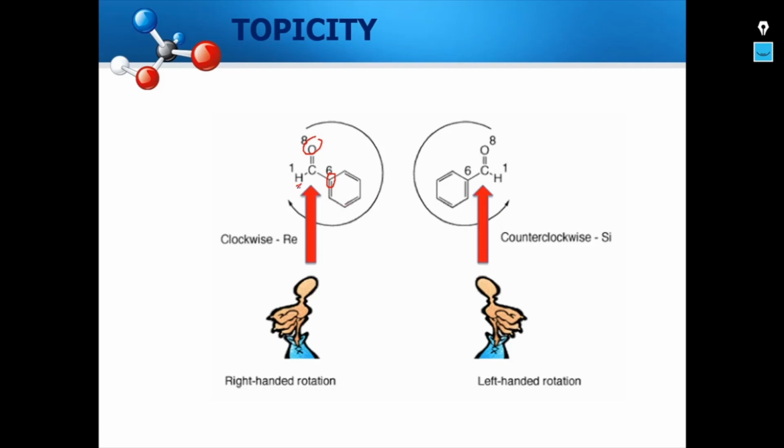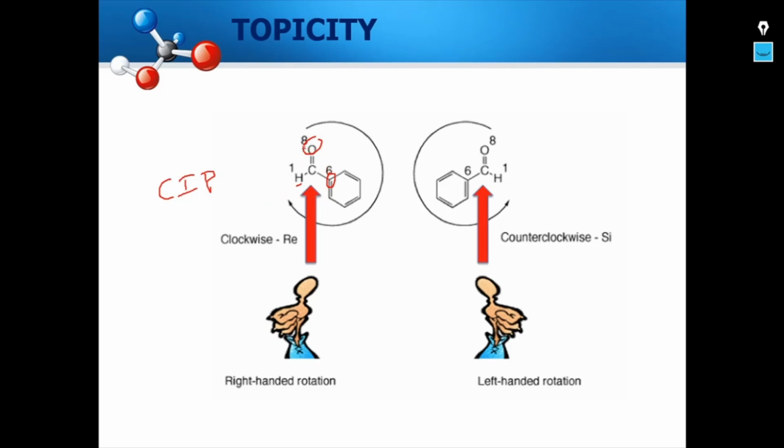These three atoms are assigned priorities by the Cahn-Ingold-Prelog convention, which we abbreviate as CIP. So we have to assign the numbers: hydrogen is assigned 1, oxygen is assigned 8, and carbon is assigned 6.